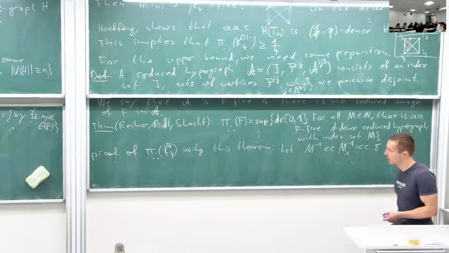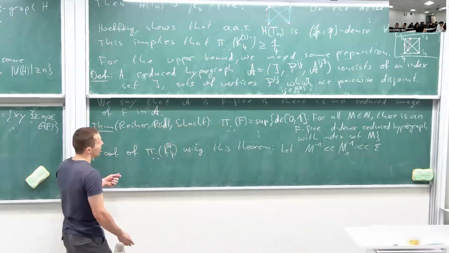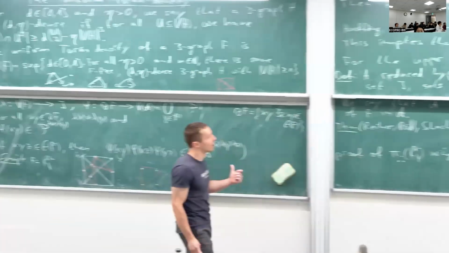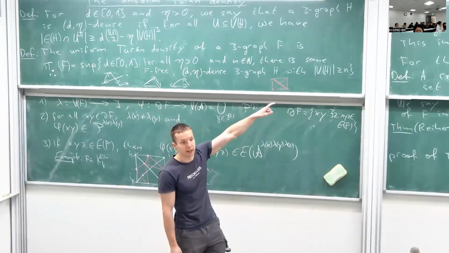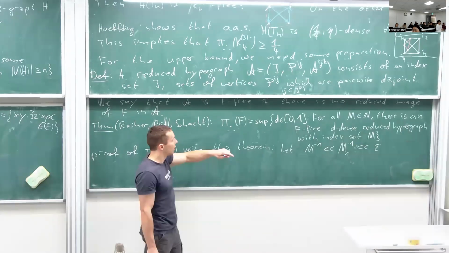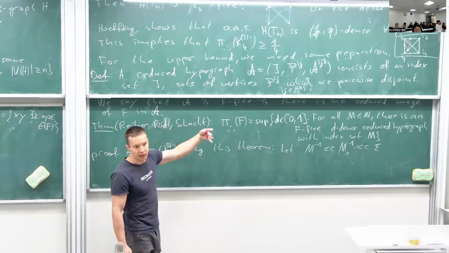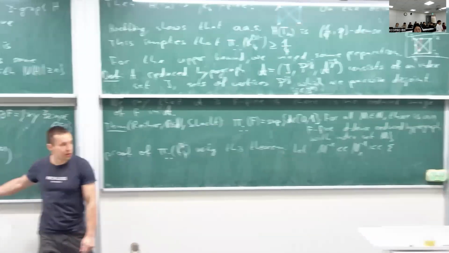It doesn't change things. And so we already have our lower bound, right? So what we just need to show is that whenever we are above 1/4 by an epsilon, then we can find a reduced image.